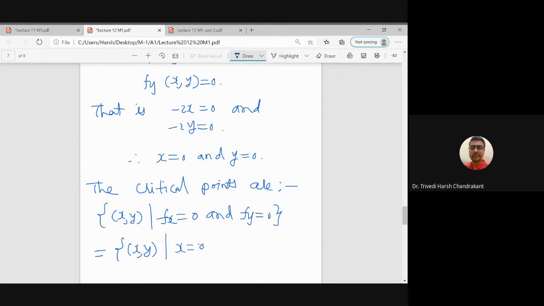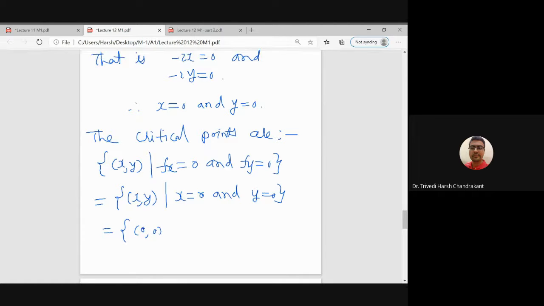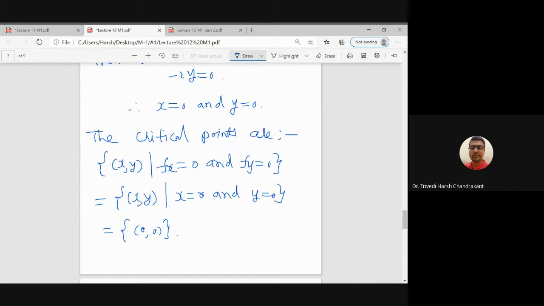Here we are getting x is 0 and y is 0. So what we get is a single point, that is 0 comma 0. So we have only one critical point for this particular example.